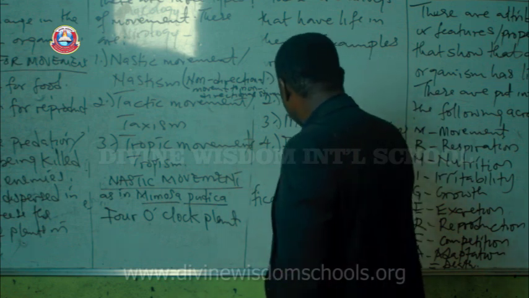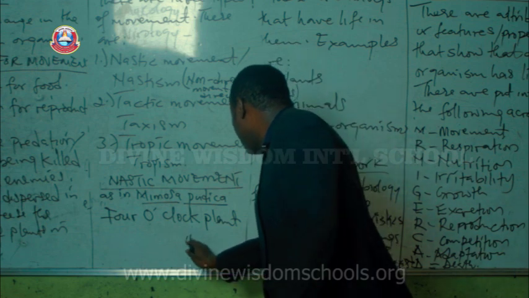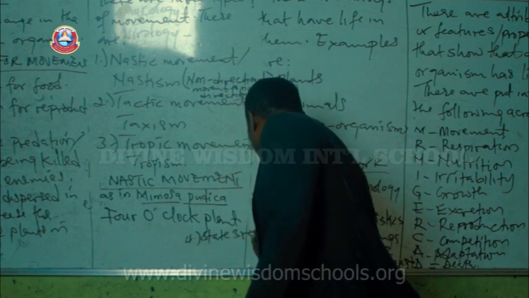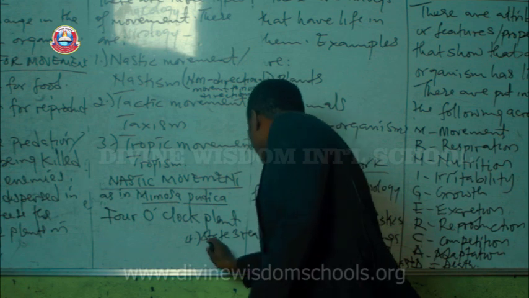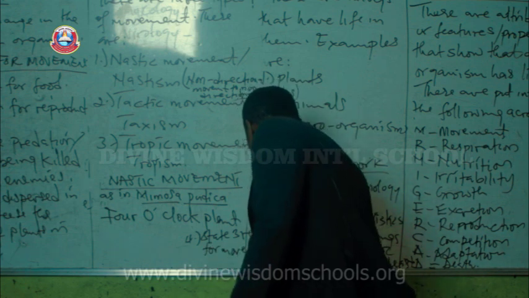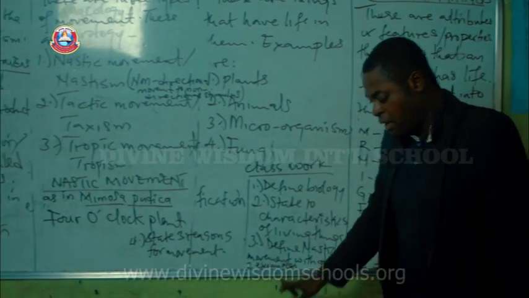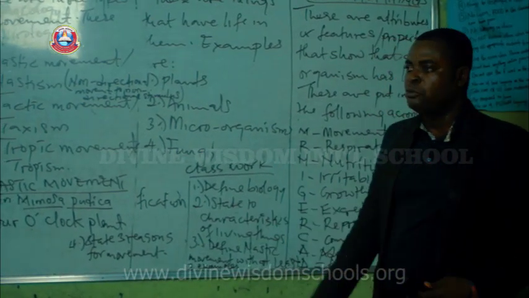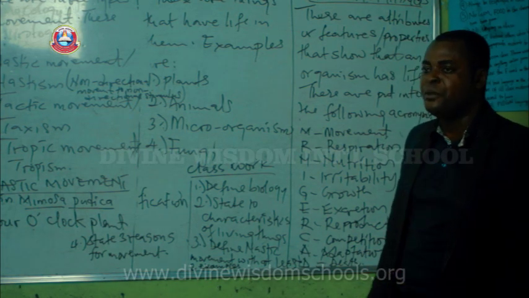Number 4, state 3 reasons for movements. So please, with all we have done so far, if you are able to do this, you are through. You are ready for any external examination.